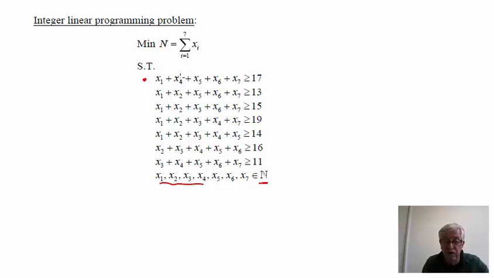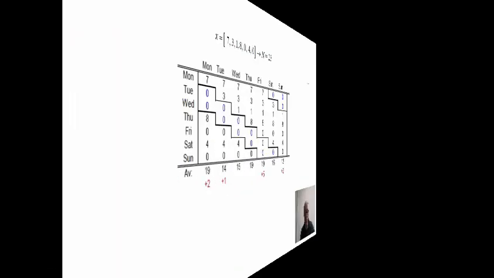So we have one restriction for each day of the week, starting on Monday through Sunday. So we can solve this problem, but in this case we must specify that the variables are integer. So we use a different algorithm that is not the simplex method. It's a proper algorithm for integer variables.